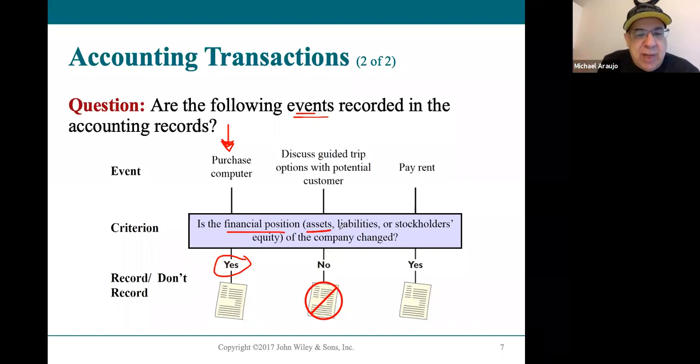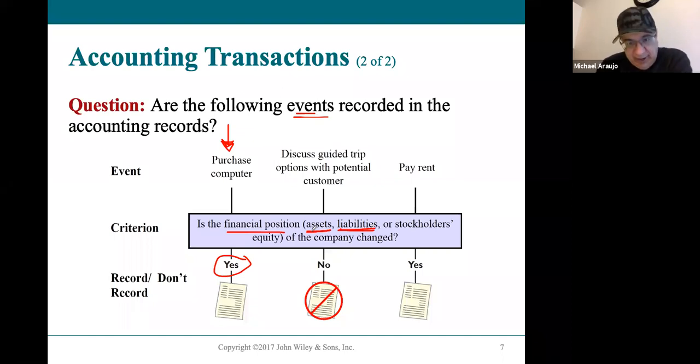If we bought that computer on account, meaning we got an invoice to pay, we know that assets and liabilities were affected. We have more equipment. Equipment is an asset account. But now we have more accounts payable. We have another bill to pay this month because we bought that computer. So again, 2 specific accounts are affected by the transaction.